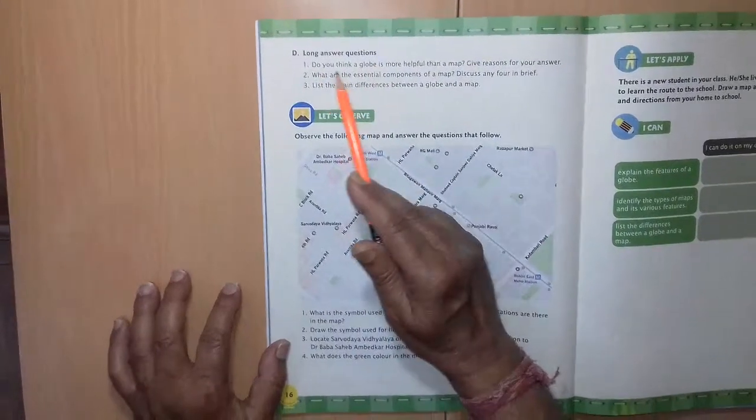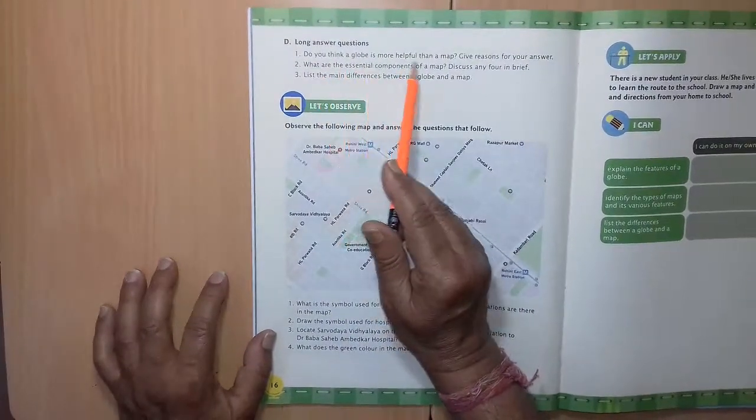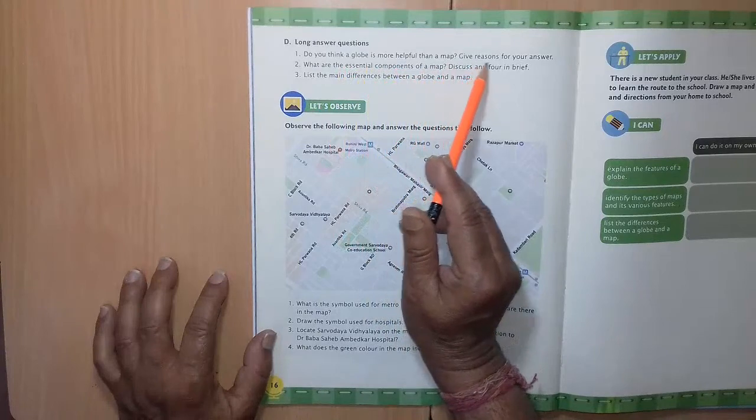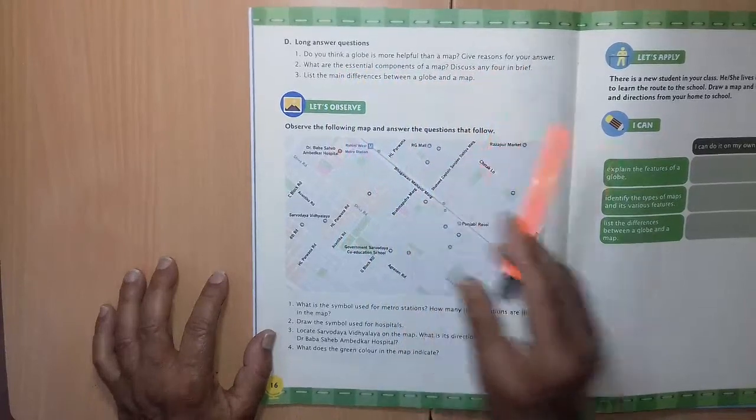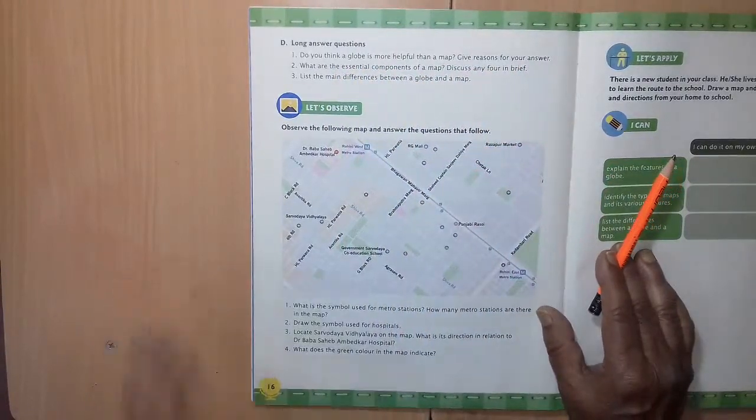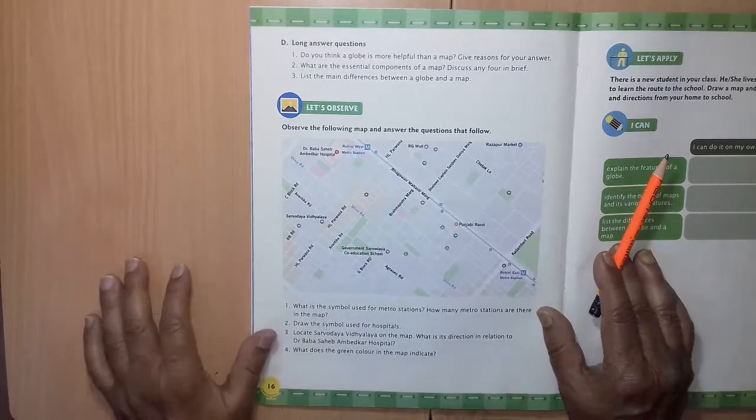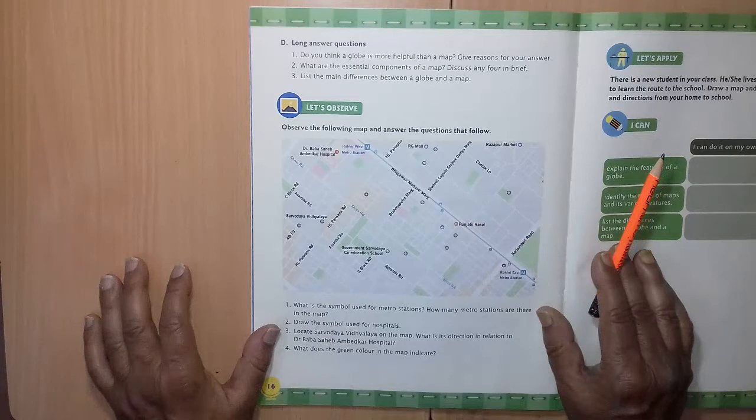Long answer question. First, do you think a globe is more helpful than a map? Give reason for your answer. No, a map is more helpful because a globe shows only our earth. It is a small model of our earth. A map is more useful than the globe. It discusses various things. It can also be folded and carried.